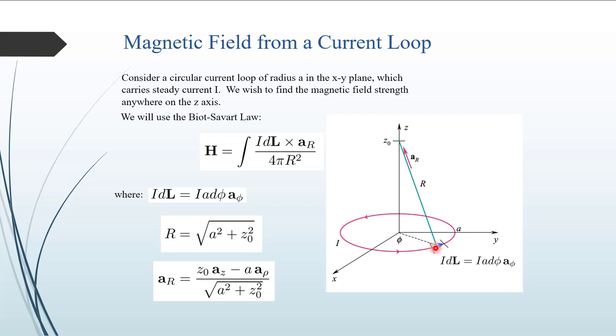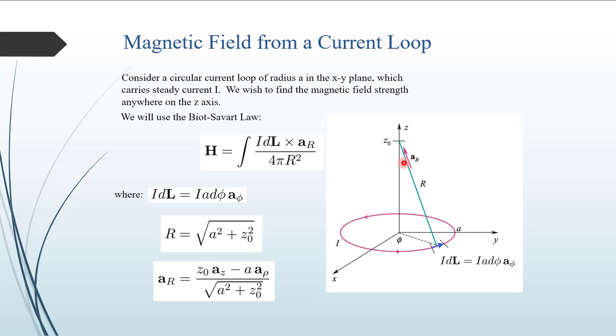We can consider a small element of Idl like this of this circular element and join this element with the point on z axis. So we'll find intensity on z axis anywhere or maybe at origin. So let us consider a point on z axis where we want to find out the intensity.